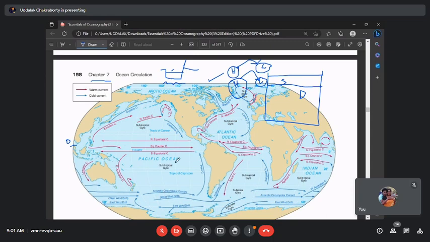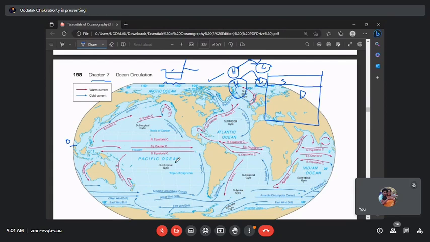This question actually comes in NET also, which is clockwise and which is anti-clockwise. So remember that the motion of the ocean currents is clockwise in the northern hemisphere, but anti-clockwise in the southern hemisphere.